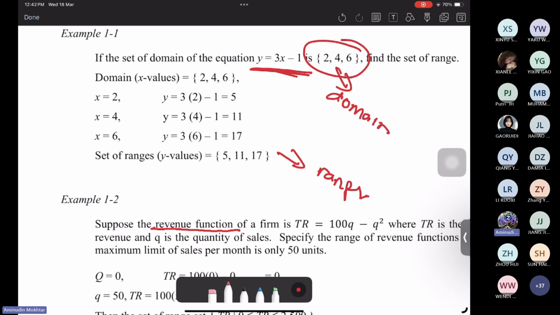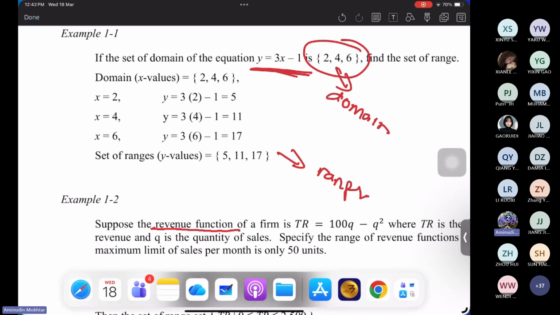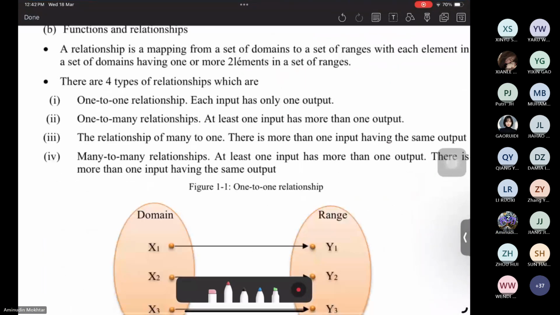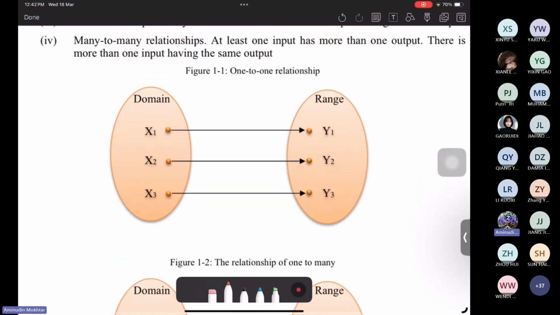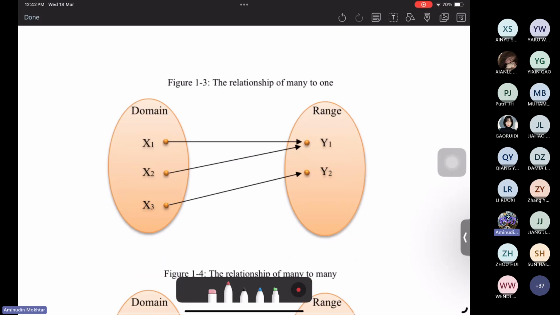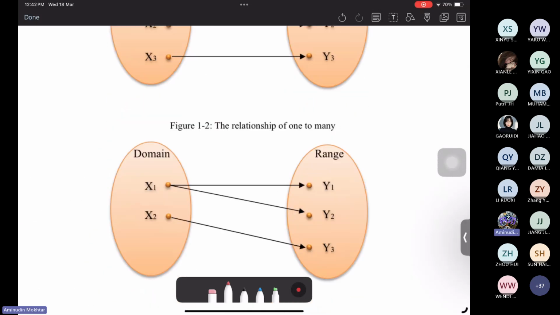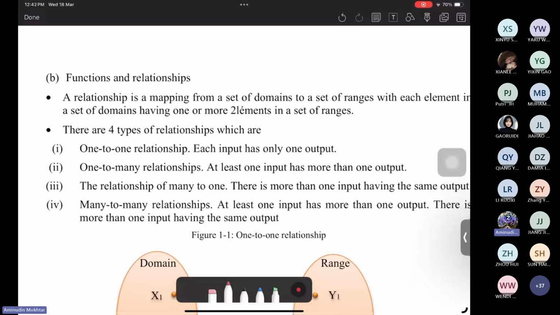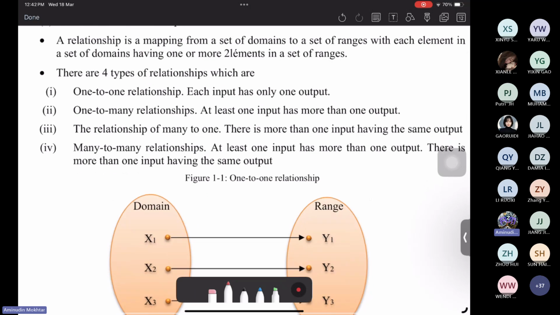Okay, how to represent this relationship? If you refer to page 5, we can represent this relationship by using the diagram. We call it a diagram.